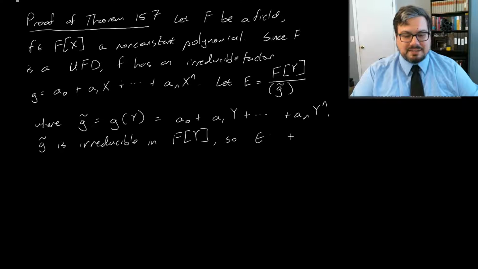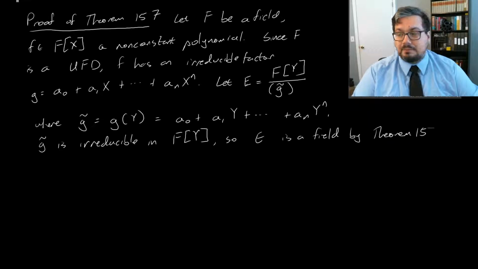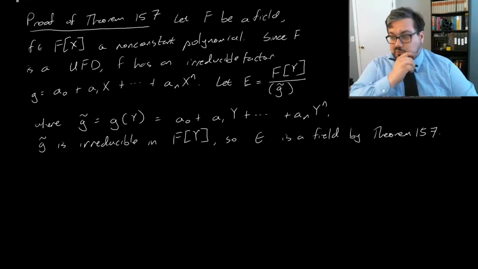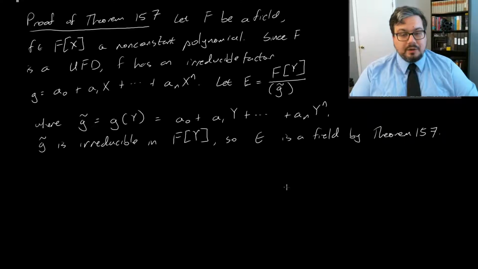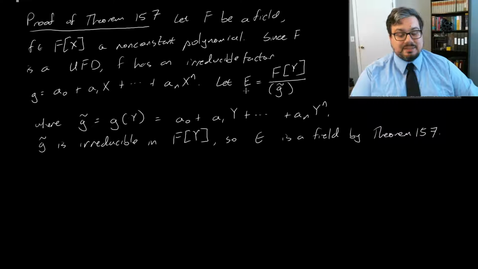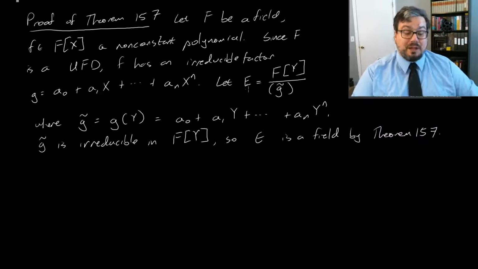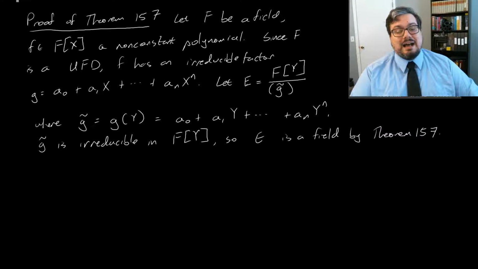And so that means that E is a field by Theorem 158, which we just proved. Okay, so we're going to claim that this field, E, does what we want. It's a field where we can construct a field extension from F to E, where the image of little f under the induced homomorphism there has a root.